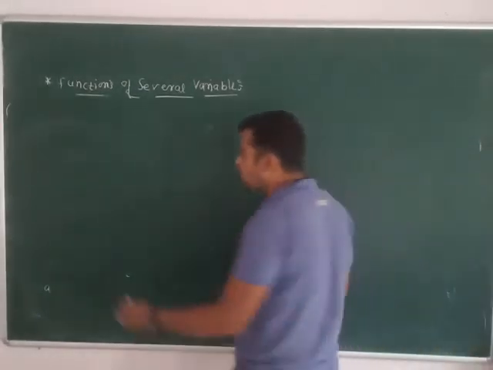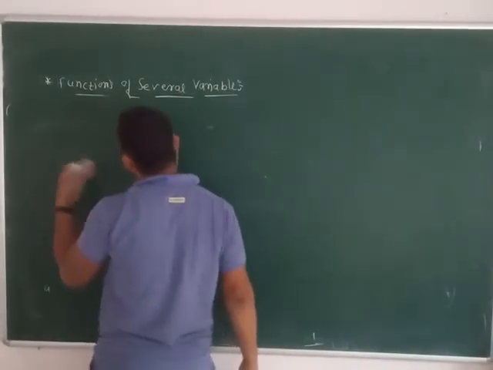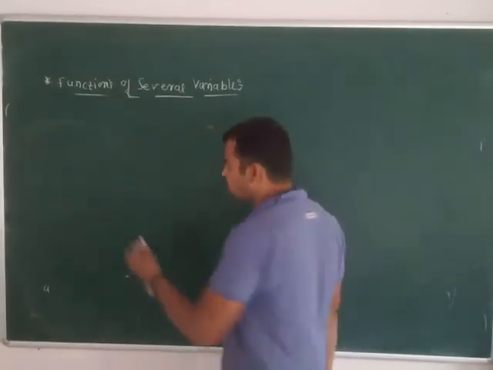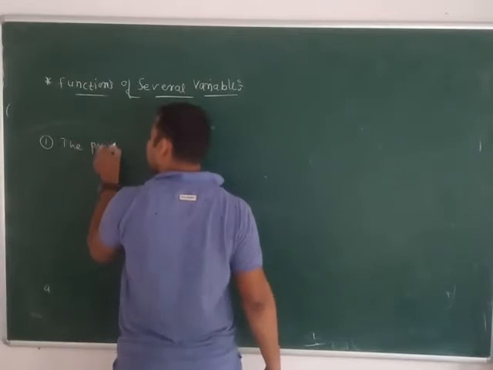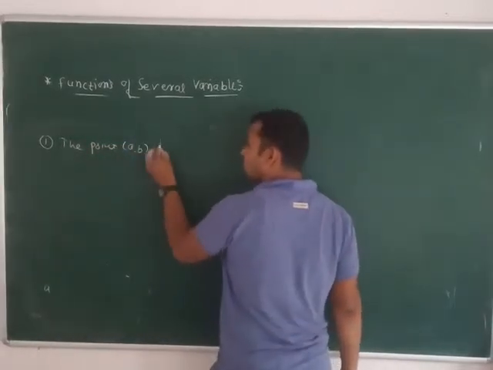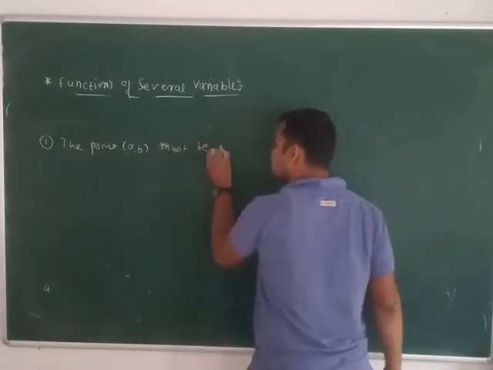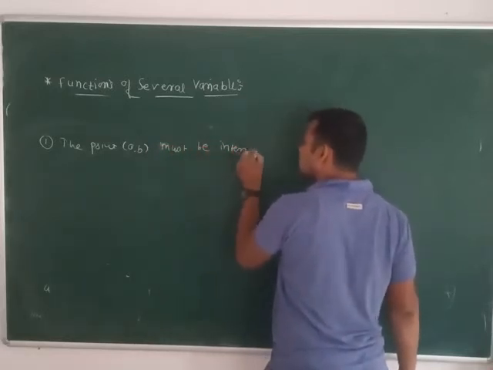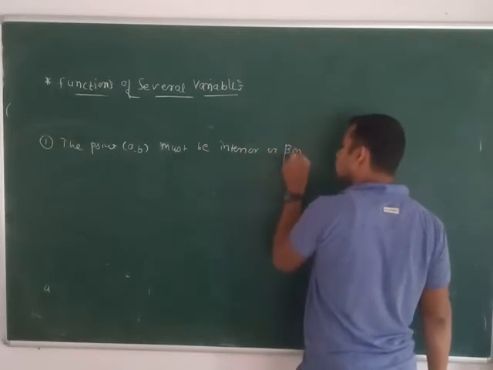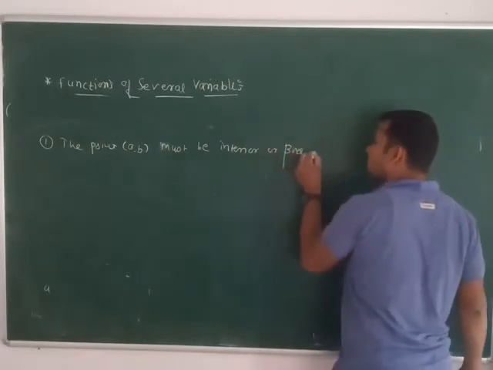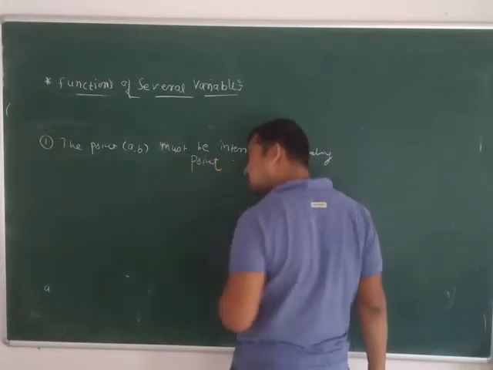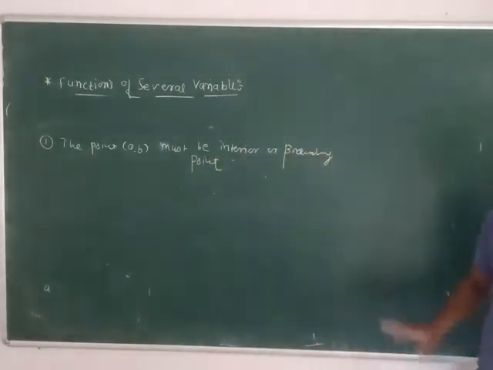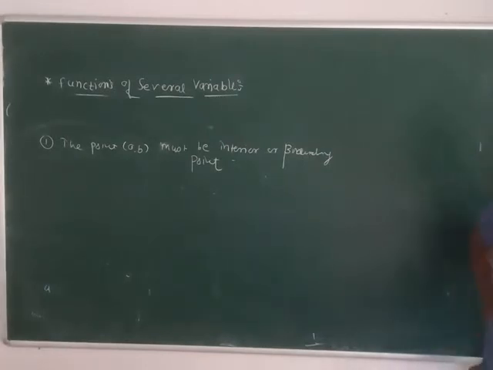Some points we have to consider for finding the limits of functions of several variables. First, the point (a, b) must be an interior or boundary point; roughly we can say that it must be a limit point of this set.